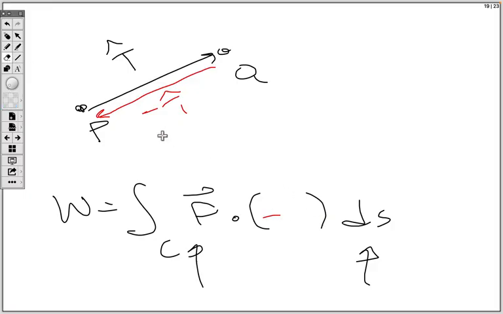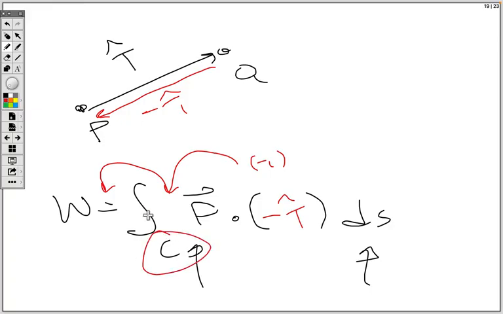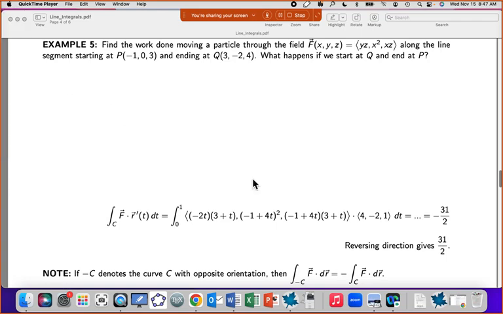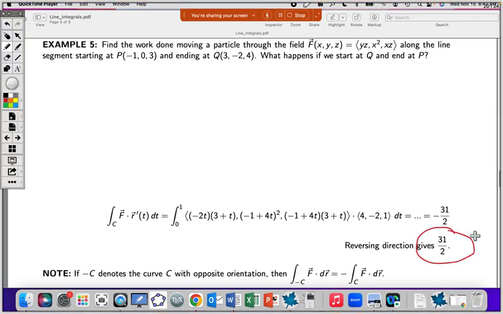And so what can you do with negatives here? That negative is really a -1. So I can move that out of the dot product and move that out of the integral. And so if you reverse the direction on your curve C, you're just going to get the exact opposite. Does that make sense or not? It's like if you're going uphill, you're working against gravity.